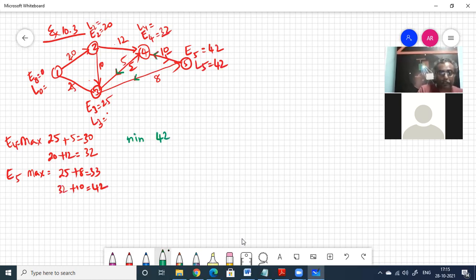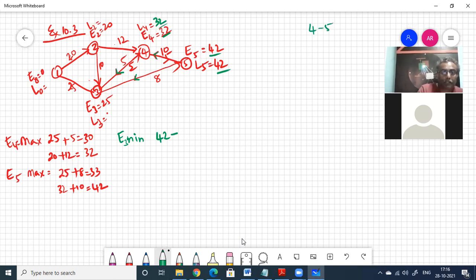Before E3, we have to do E4, L4. So L4 is equal to 42 minus 10. Only one direction, so L4 is equal to 32. So these are same. These are also same. So 4 and 5 are on the critical path.